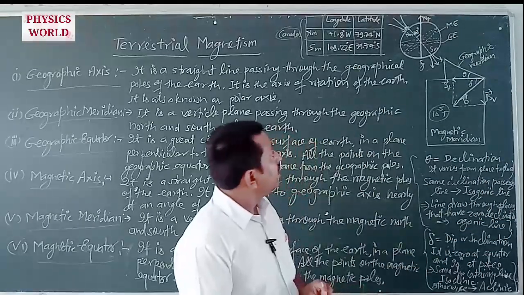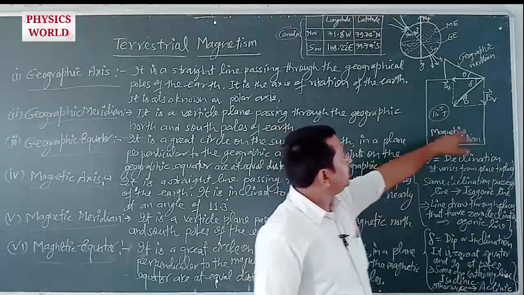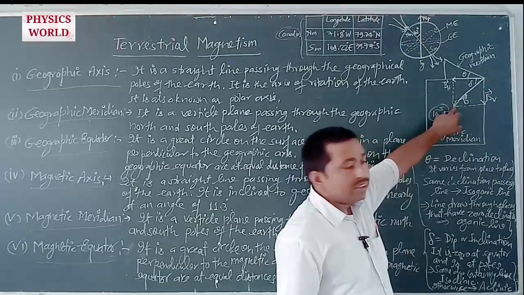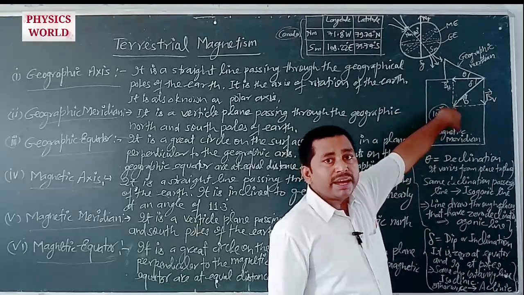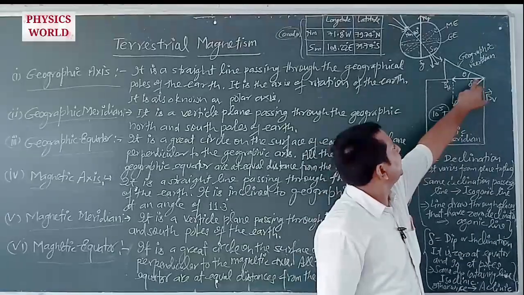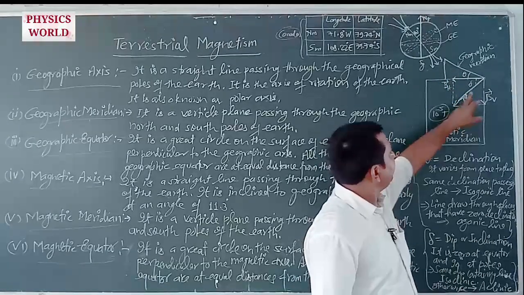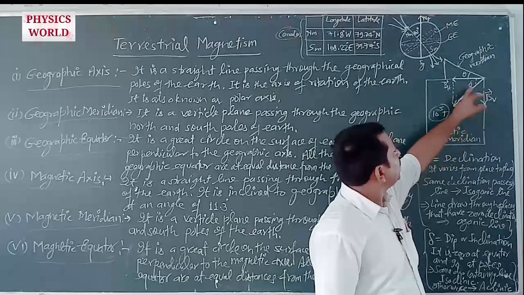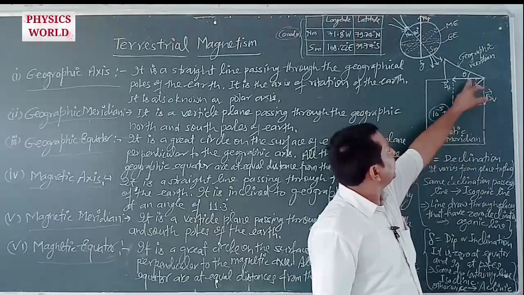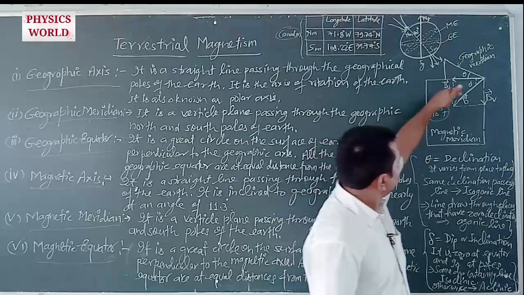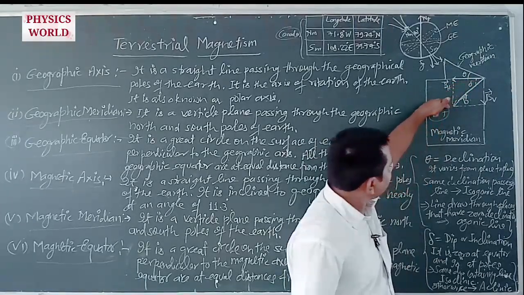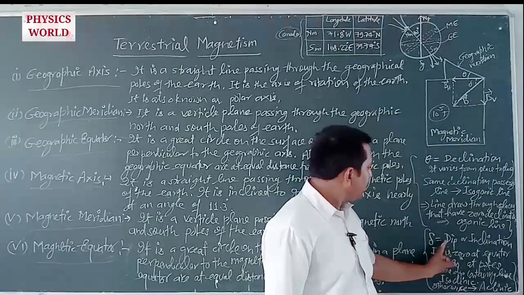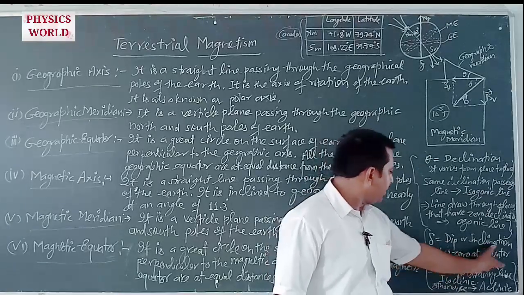Similarly, here you are seeing the Earth's magnetic field component B, which is the resultant of the Earth's magnetic field. This one is the horizontal component and this one is the vertical component of the Earth's magnetic field. The angle made between the horizontal component and the resultant of the Earth's magnetic field is known as dip or inclination. So this angle delta is defined as dip or inclination.